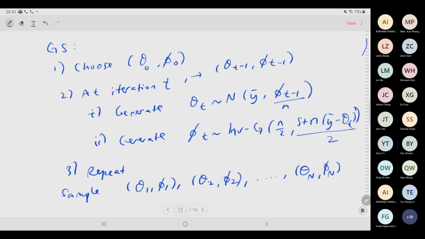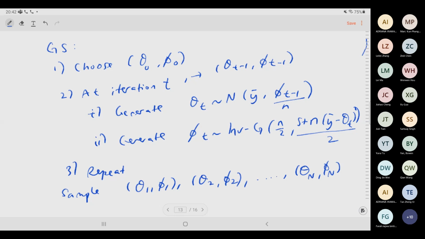So these are the samples. You have a path of samples from time 1 up to time n. Then you have a sample of size n for the parameters, which are theta and phi.